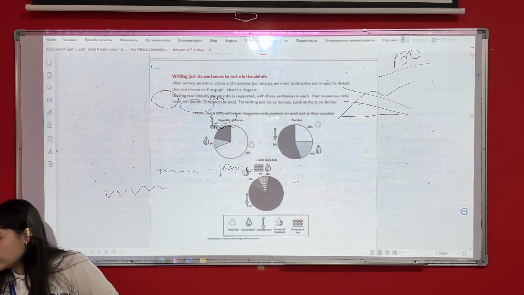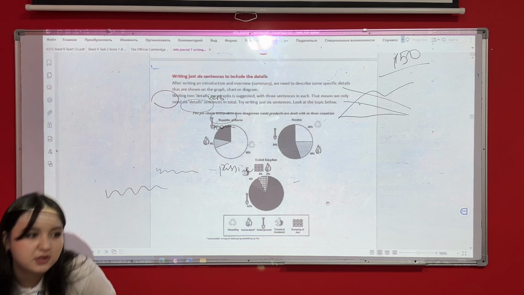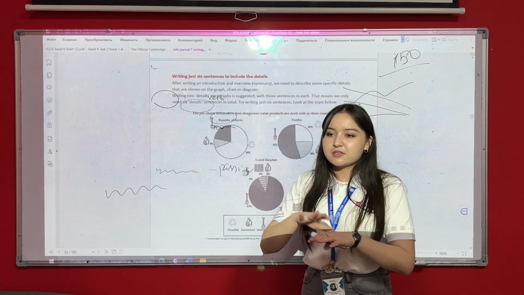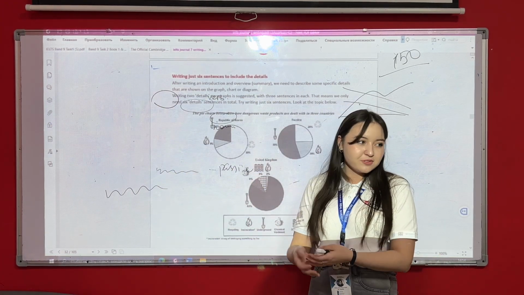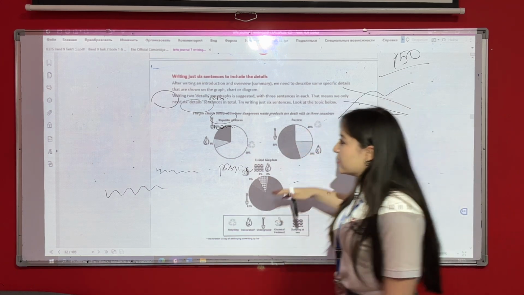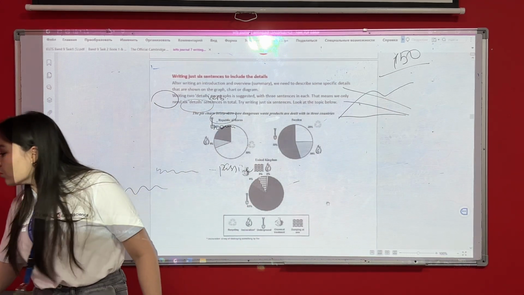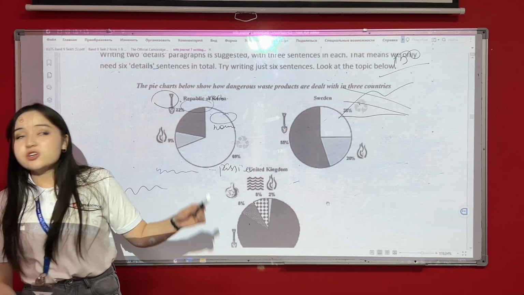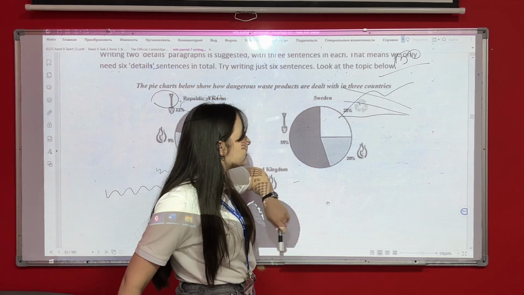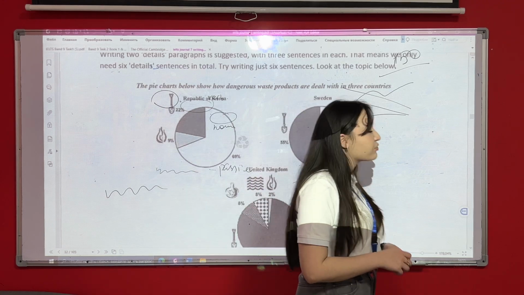After writing an introduction and overview summary, we need to describe some specific details. So it means that, for example, you write the introduction and the overview, right? And that's not it. You have to continue. You have to give detailed information as well, right? For example, here, the pie charts below show how dangerous waste products are dealt with in 3 countries.